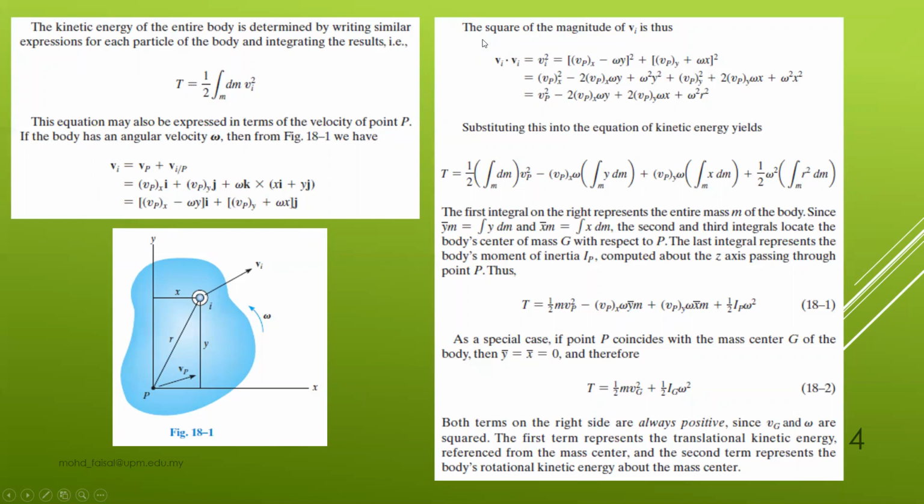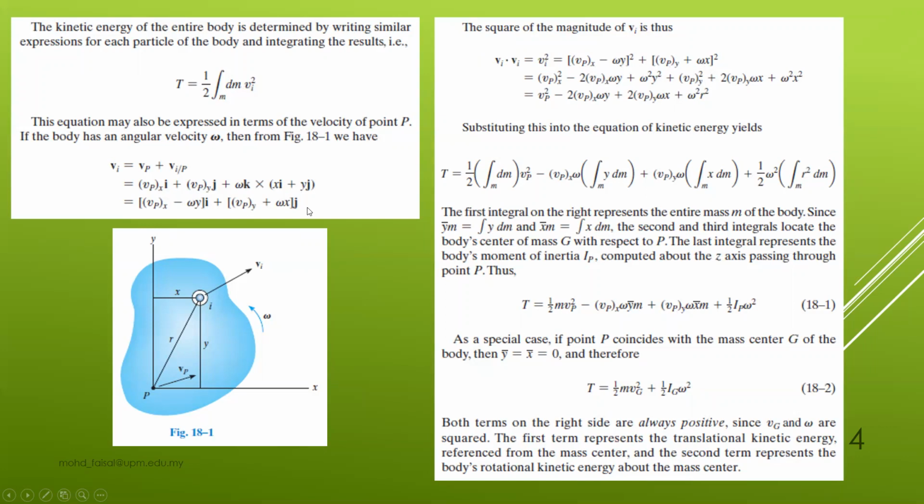The square of the magnitude of vi is thus this one. You know that for the kinetic energy, v is squared, so vi times vi, or vi squared, you can expand like so.